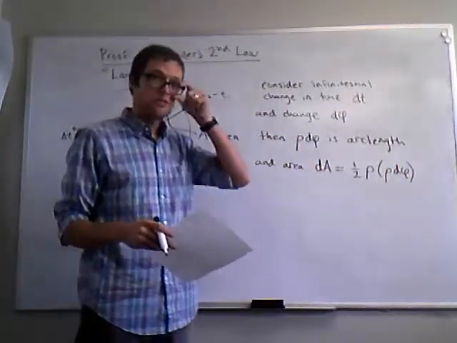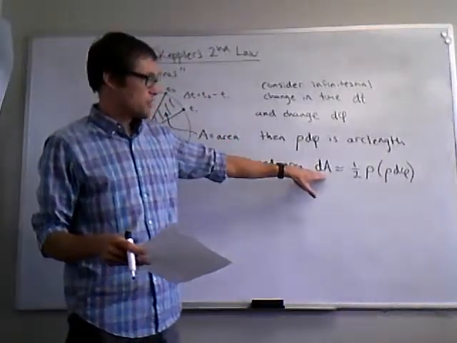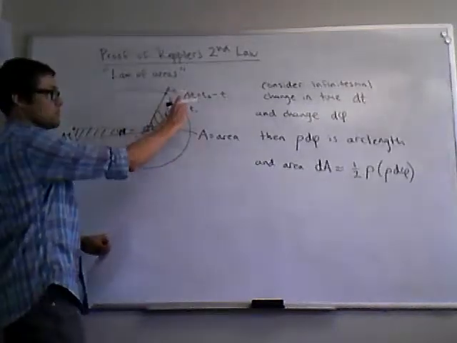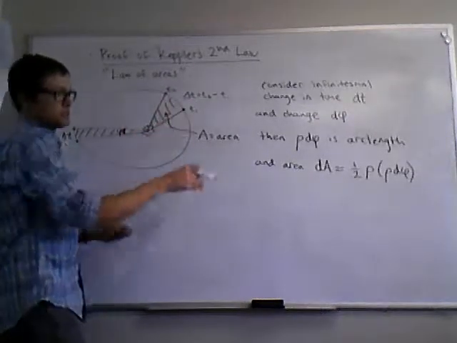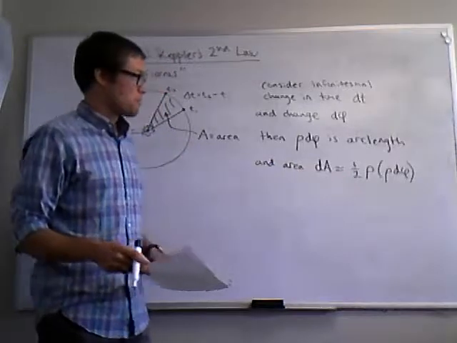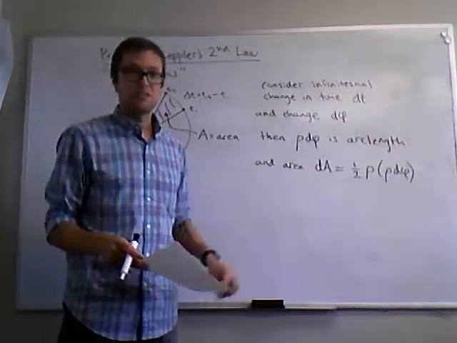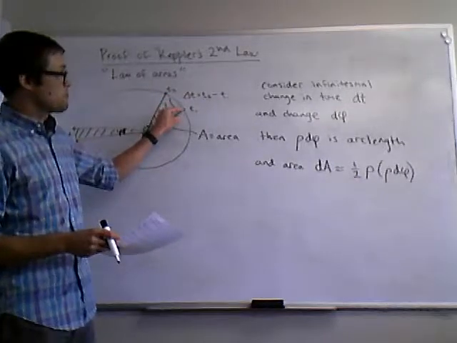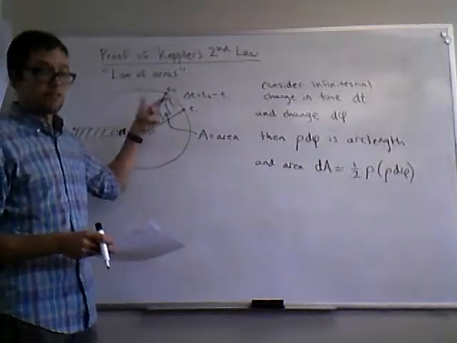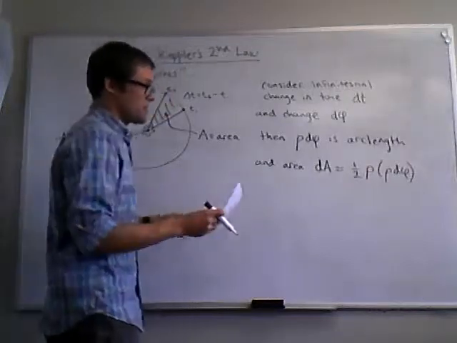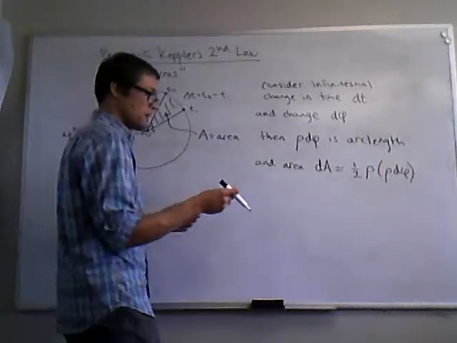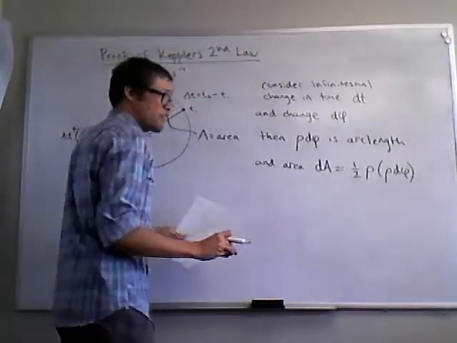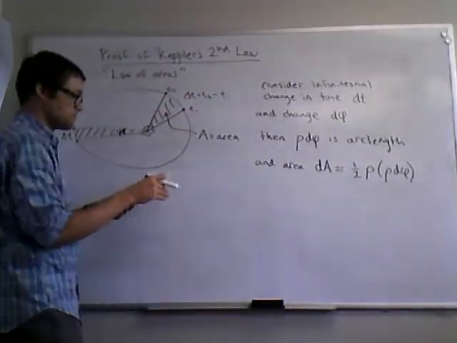This is only true if these are infinitesimal changes. This is exactly true if this was actually a triangle with a flat side here, but it's only exactly true if this is an infinitesimal change. If you make a tiny, tiny change here, then that's basically a flat arc length, and you can use the area of a triangle for your formula. So all right, that's the infinitesimal area swept out by the line.